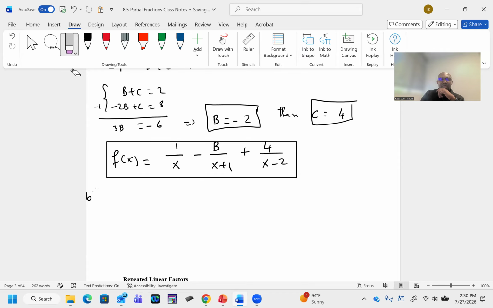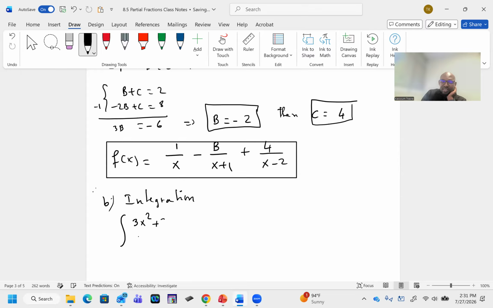So now we are going to integrate. The original integration was the integral of 3x squared plus 7x minus 2 divided by x cubed minus x squared minus 2x dx.